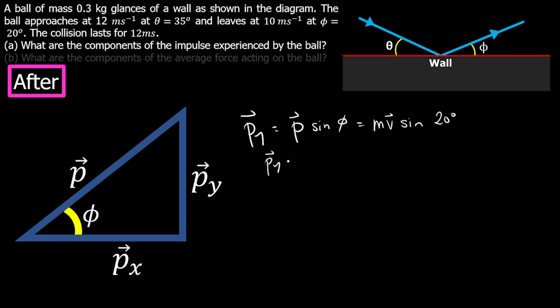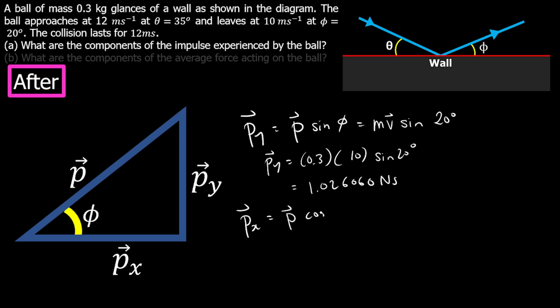So py is going to be mv, so that's 0.3 multiplied with 10, and then sine 20 degrees, and that's going to give us 1.026060 Newton seconds. And we can do the same with x, which is p cos phi. That's going to be mv cos 20 degrees.